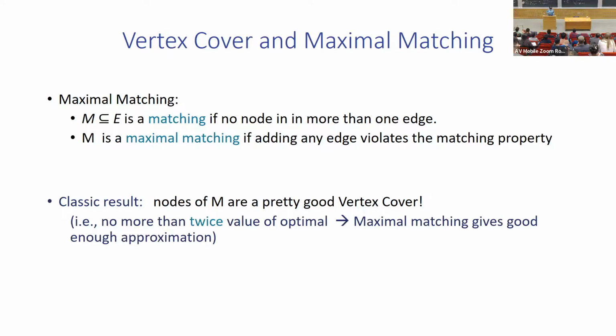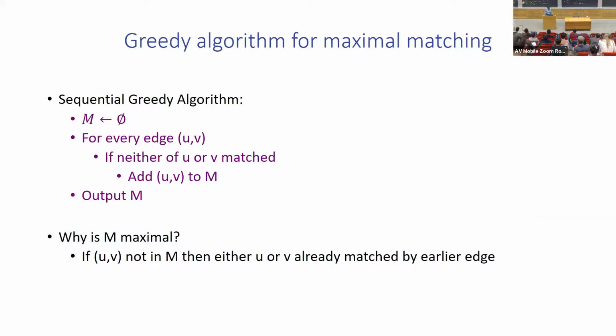In fact, it doesn't have to be maximum, any maximal matching gives you a vertex cover that's no more than twice the value of the optimal. Okay, so I'm not gonna prove that right now, but I'm just gonna hope you've either seen it or remember it, or if you don't want to remember it, you can think about it later. All right, so let's talk about maximal matching.